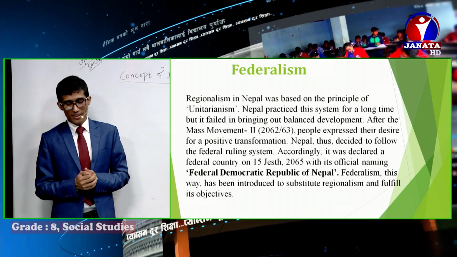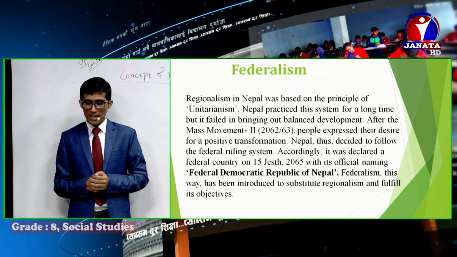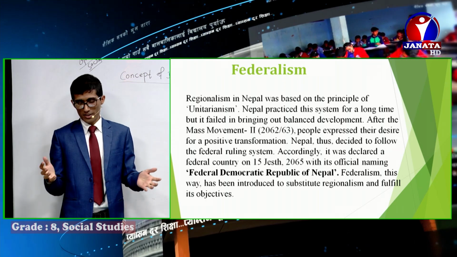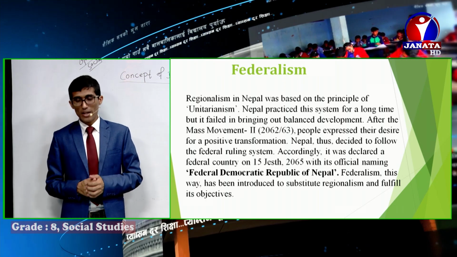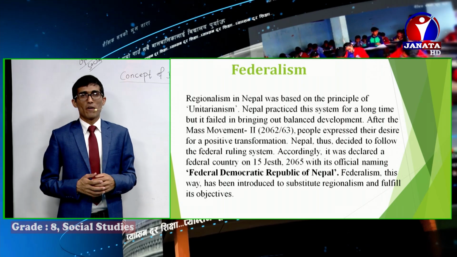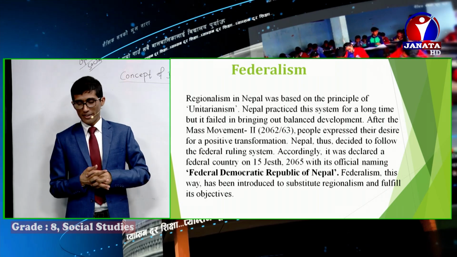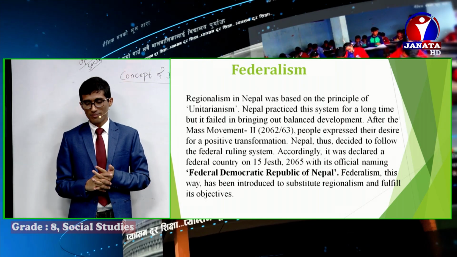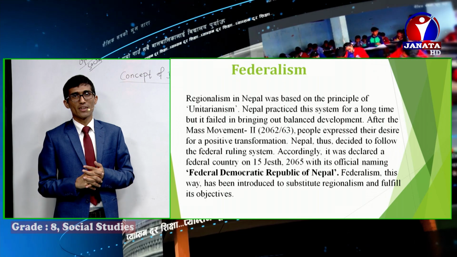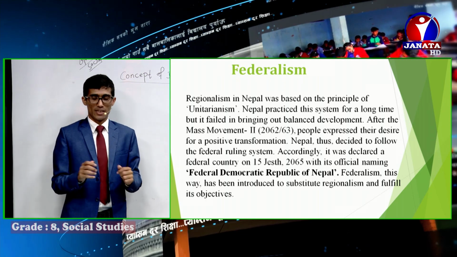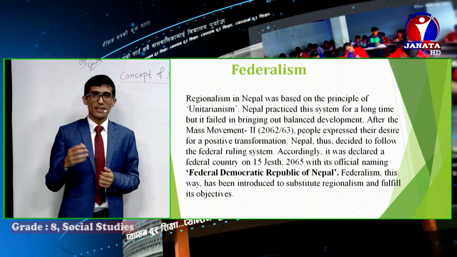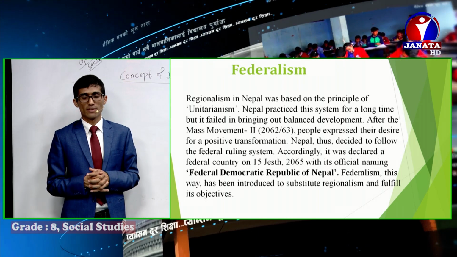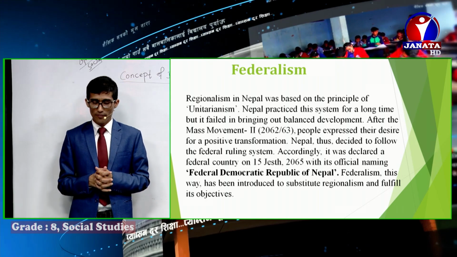It failed in bringing out balanced development. I already discussed it. I am not going to detail here. Because of regionalism's failure, people expressed their desire for federalism in 2060-63 in the second mass movement. That was the situation, isn't it?